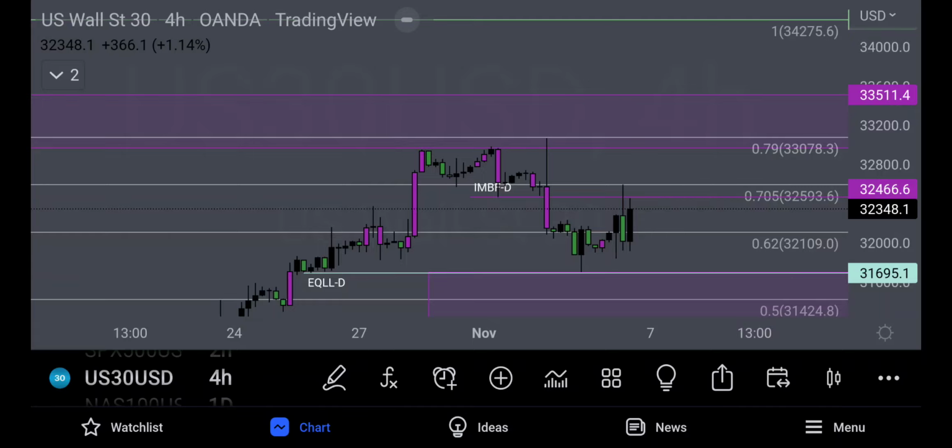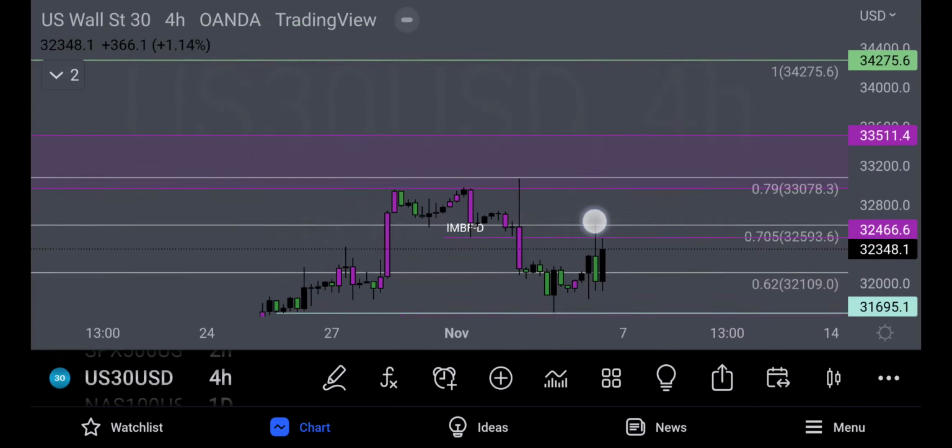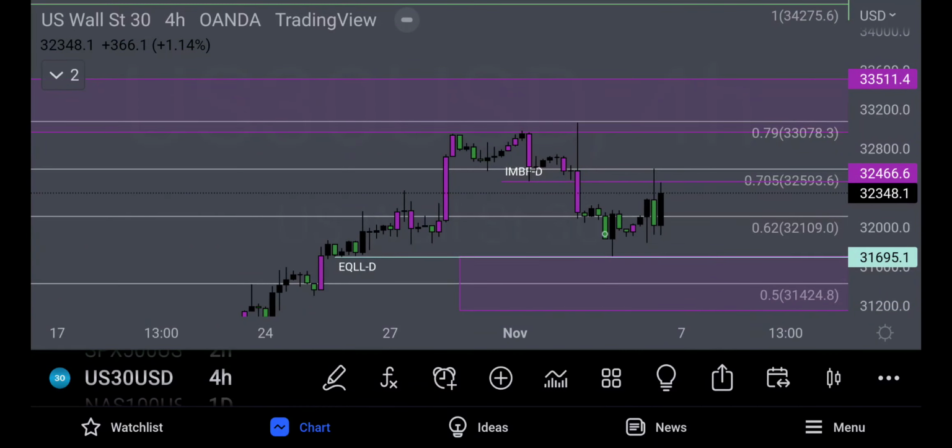Now here on the 4 hour, again, we see that tap into that weekly BPR there. We also have an intermediate low here that was broken with a fair value gap. Price came up into the fair value gap and traded lower. Whenever we have intermediate lows broken, that's a sign to us that the algorithm will trade lower, as it did.